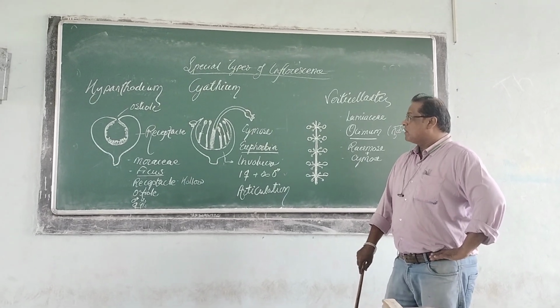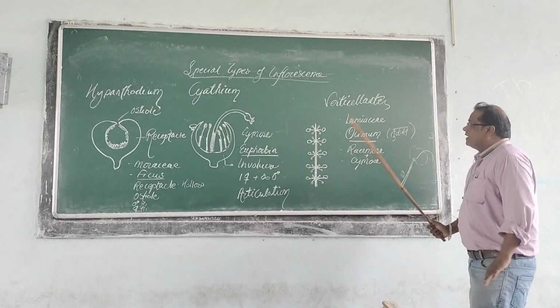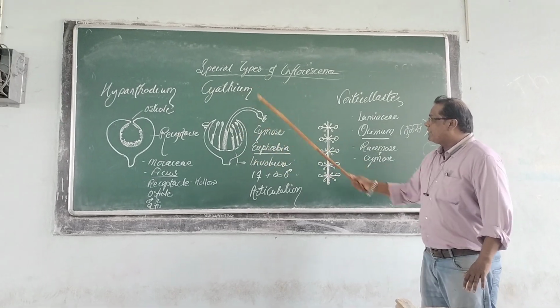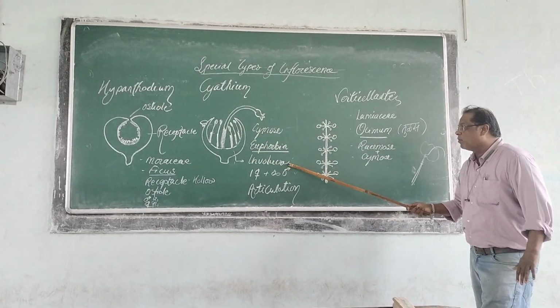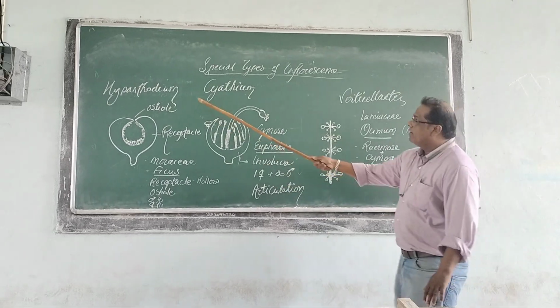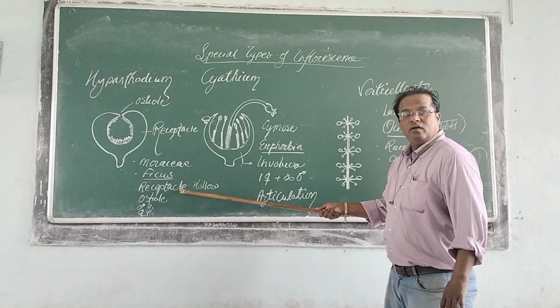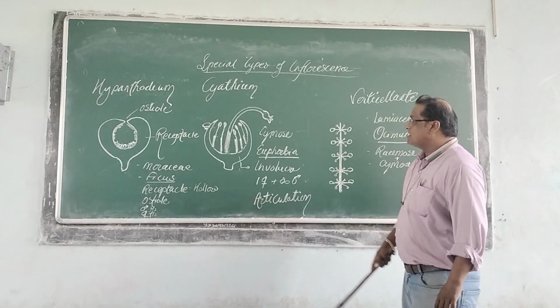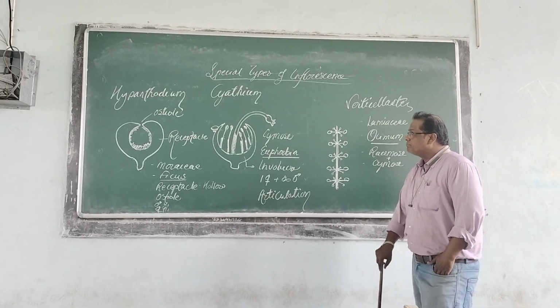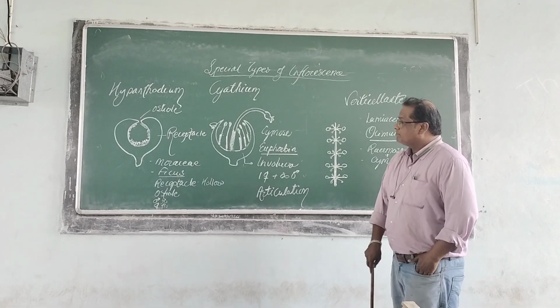So here you remember, in case of cyathium type of inflorescence, the word involucre, and in hypanthodium, the spherical hollow structure, receptacle. That's all.